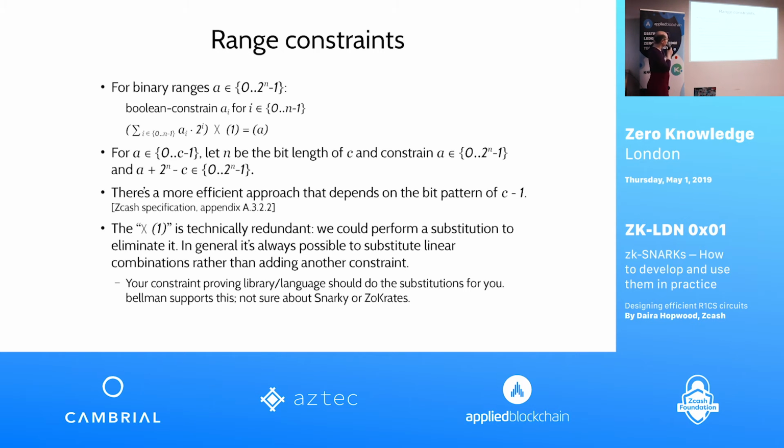So how do we do this? Well, the easiest way to do it, for a range that's a power of 2, is we Boolean constrain the binary representation, and then we sum these, because this is just a linear combination, and say that's equal to our original value.